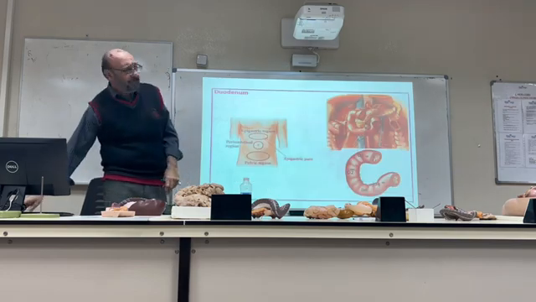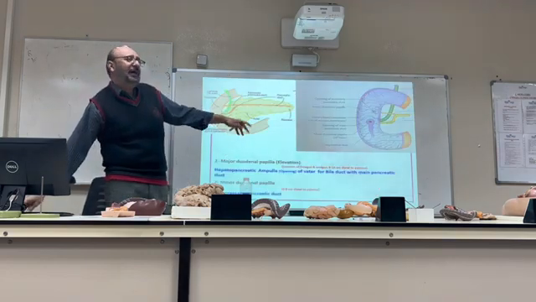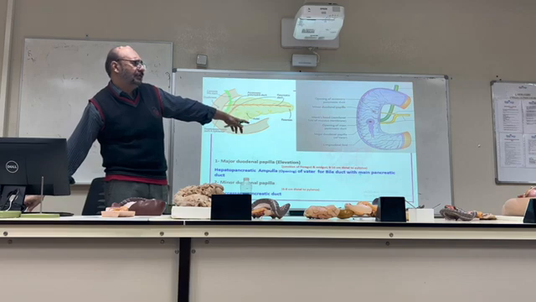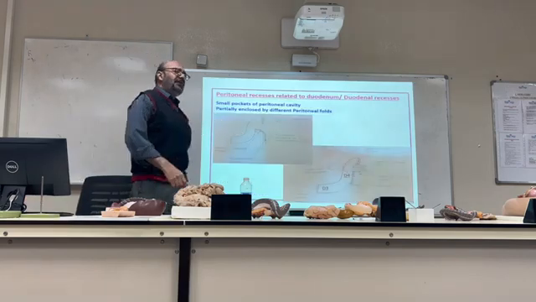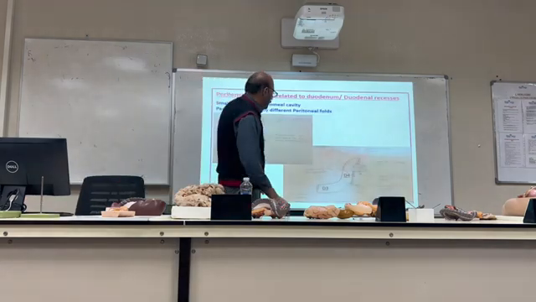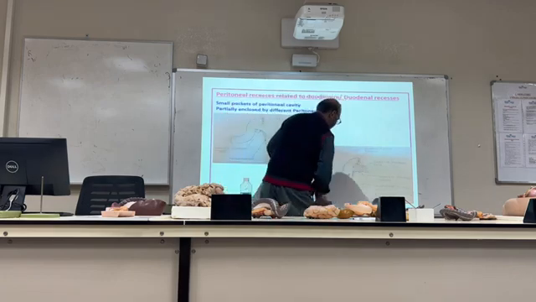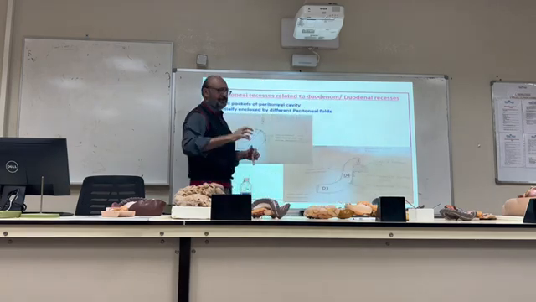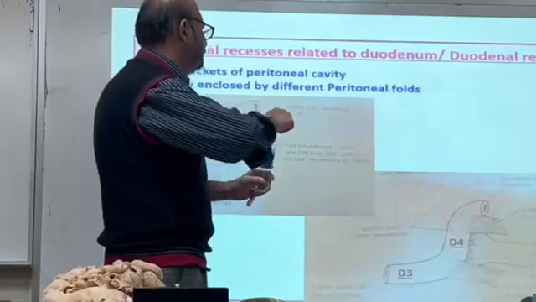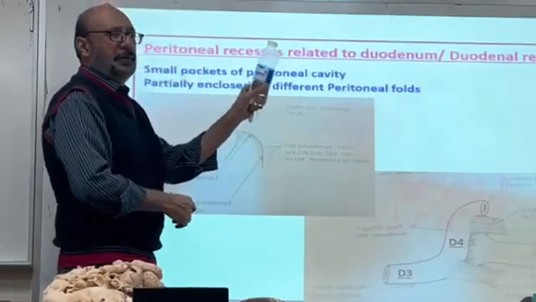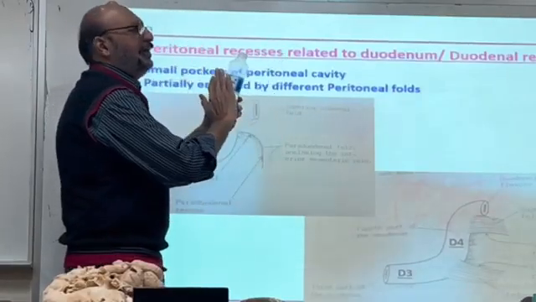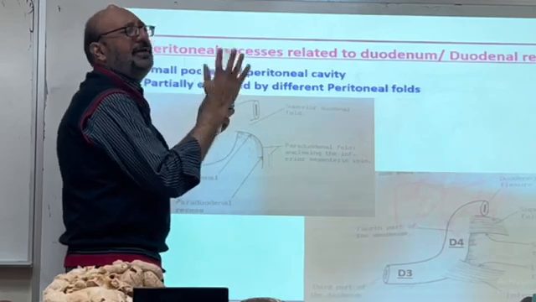Okay. Now this is clear, ampulla, because this was lacking in your lecture, so I bring it. Many of you came with peritoneal folds and recesses. Take a general concept. This is a part of duodenum. Some parts are retroperitoneal, for example, in the whole GI tract.